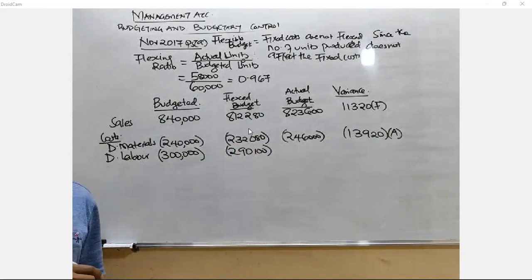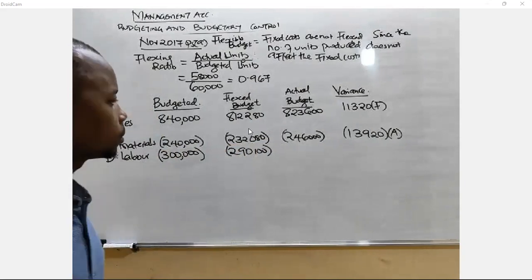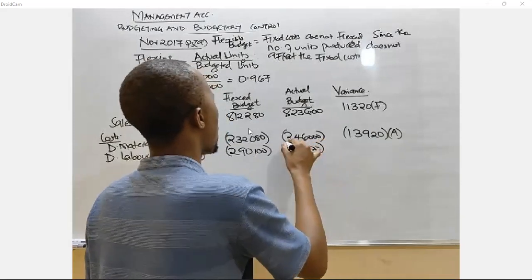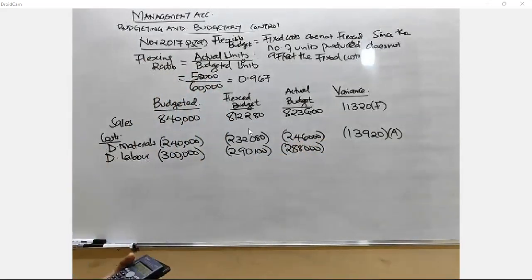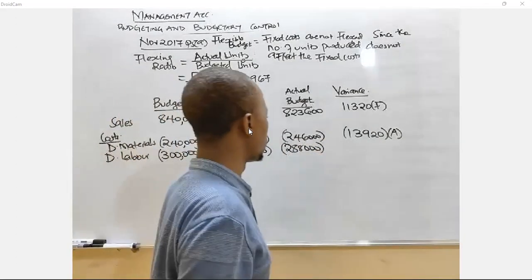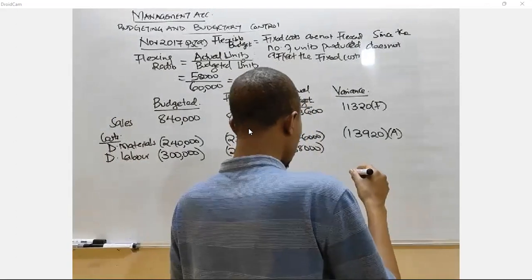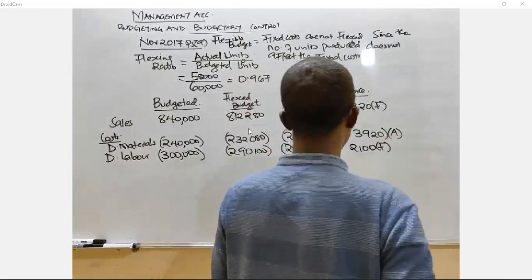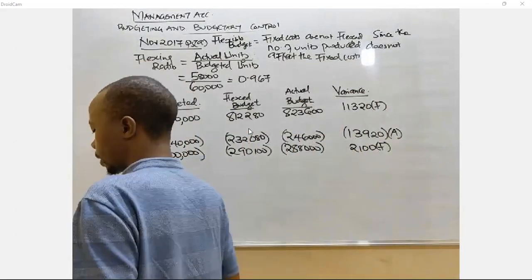But when I look at the actual for labor, we are given 288,000. So I budgeted to spend 290,100 for labor, but the actual spending was less than what I budgeted by 2,100. In this case, it's favorable. I'm very happy.